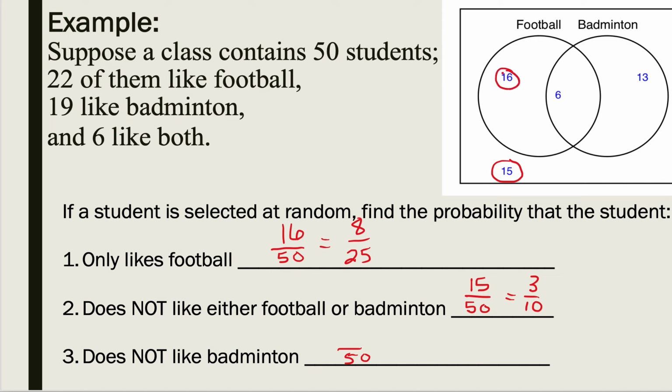They only like football. These do like badminton, these do like badminton, they're in the badminton circle. So I'm going to add the 16 and the 15, that makes 31, and that does not reduce any further. Hopefully that helps you see how to set up a Venn diagram and then also how to answer probability questions based on that picture that you have.